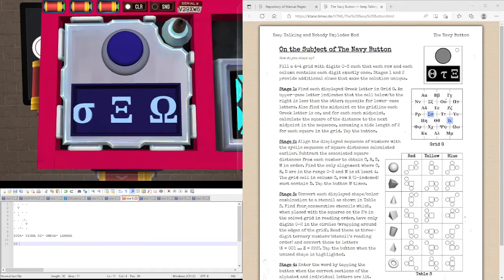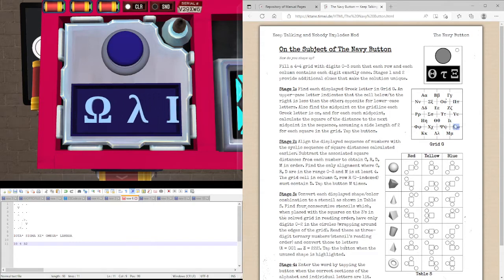And now going from sigma to psi, we don't actually have to do legs here, but we do have to square it. So 1, 2, so it should be 4. Psi to omega: 1, 2, 3, 4. 1, 2, 3, 4. This is 4 and 4. 4 squared plus 4 squared is 32.